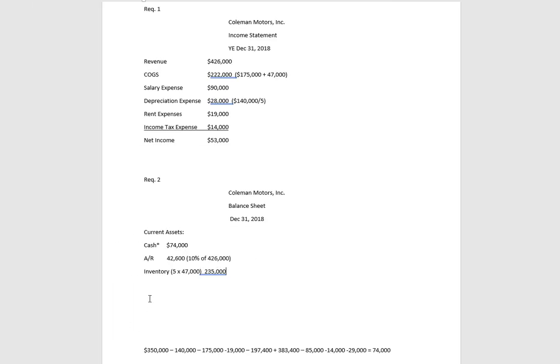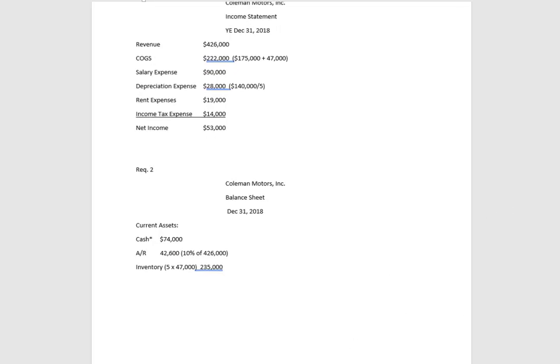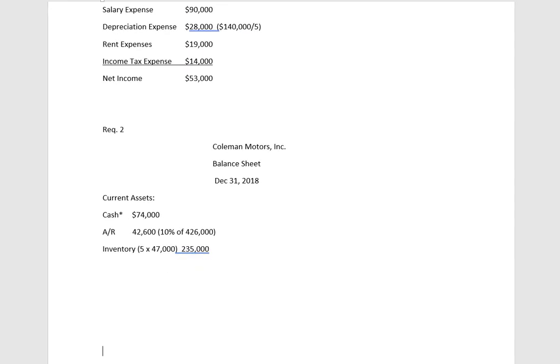So current assets, keep it at this for now. Zoom in a little. So current assets are going to be $351,600. Okay.